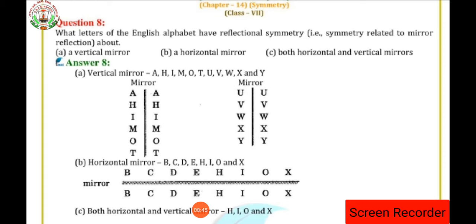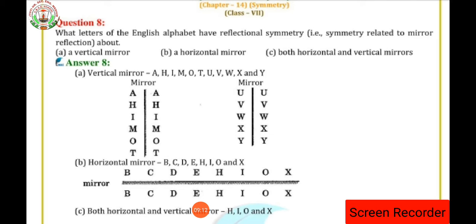So we have to write the alphabet from A to Z, and see which alphabet has a vertical line of symmetry, which has a horizontal line of symmetry, and which has both horizontal and vertical lines of symmetry. Line of symmetry means we have to see a mirror image there.